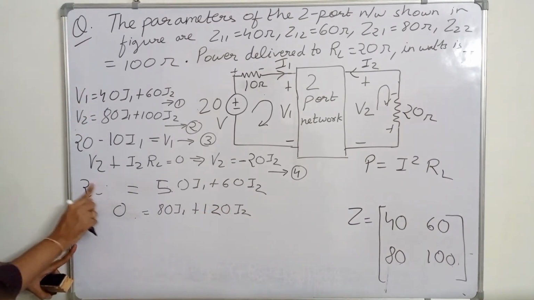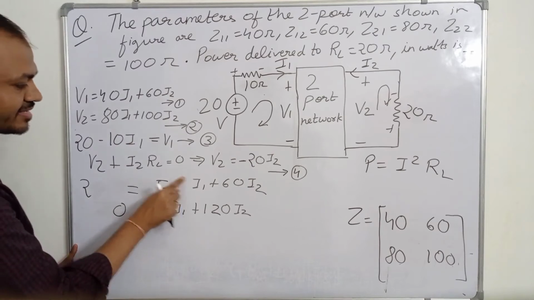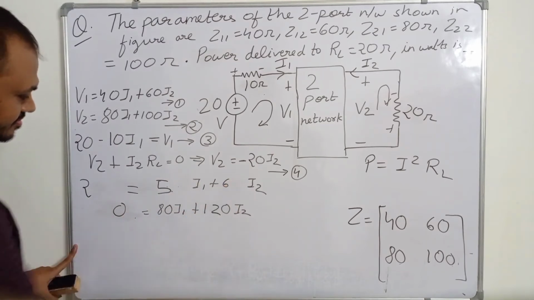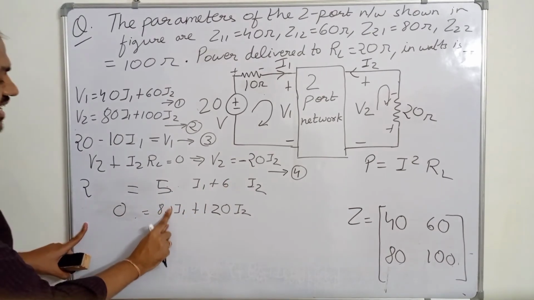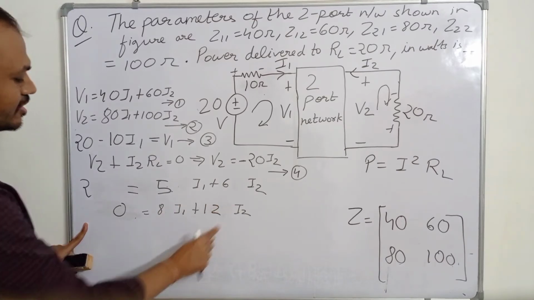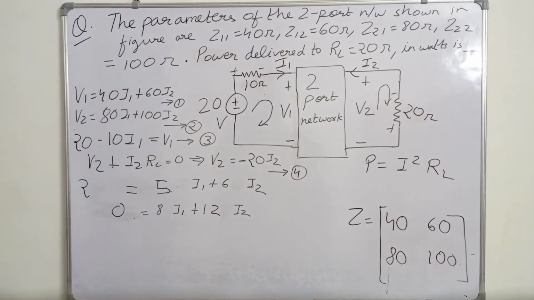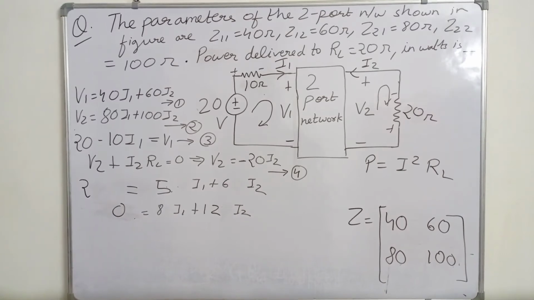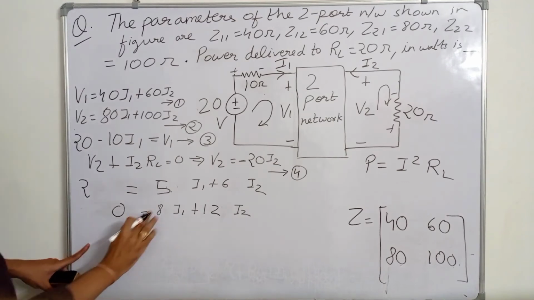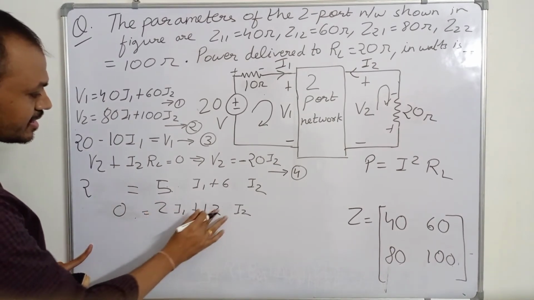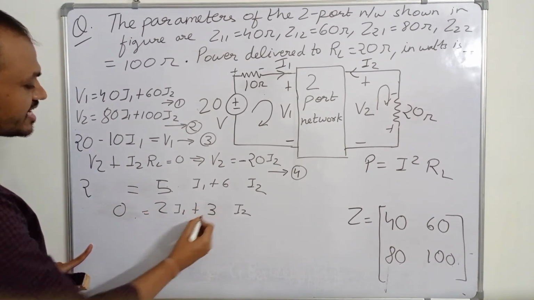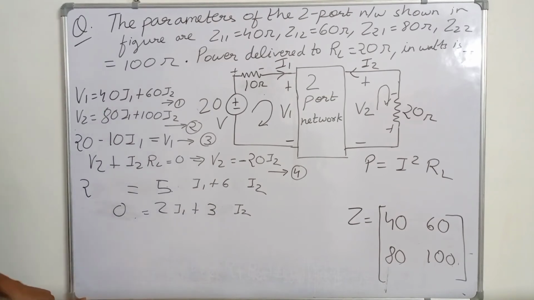And here we will get 20 equal to 50 I1 plus 60 I2, and 8 I1 plus 12 I2 equal to 0. So we can also write 2 I1 plus 3 I2 is equal to 0.